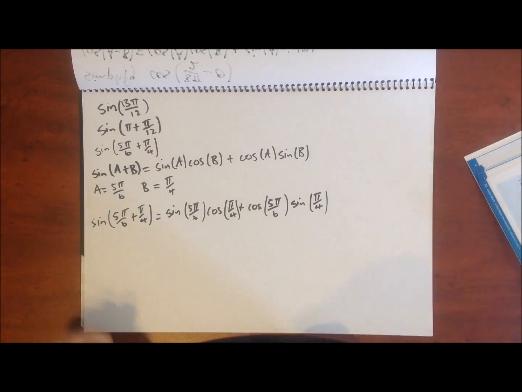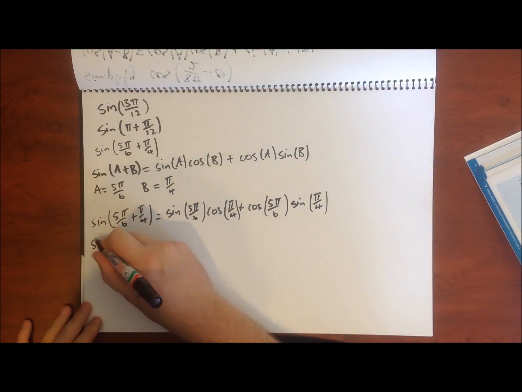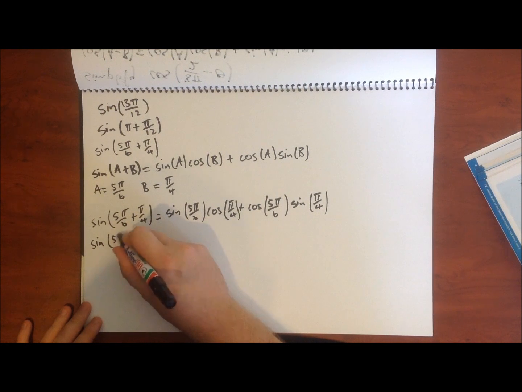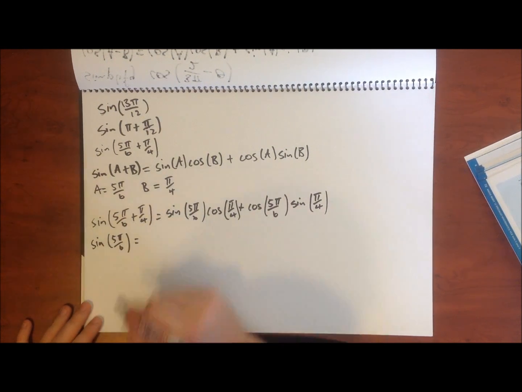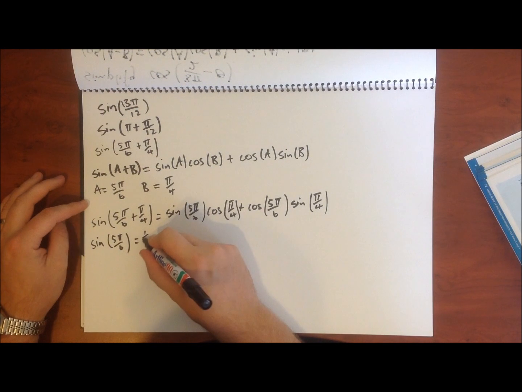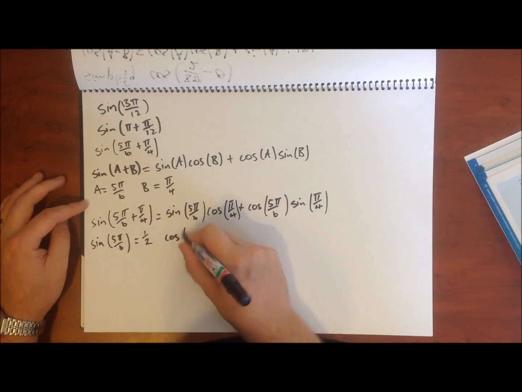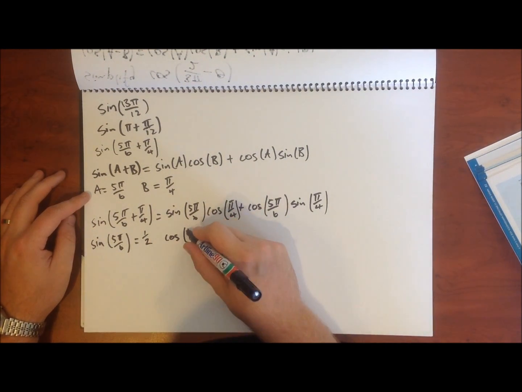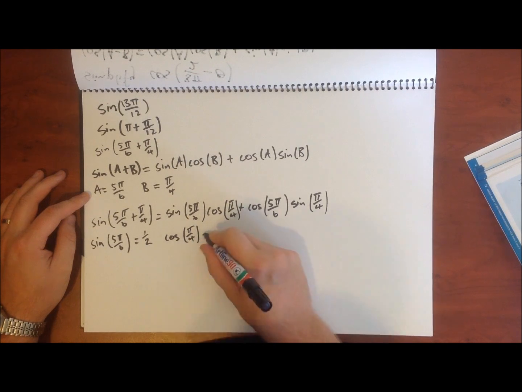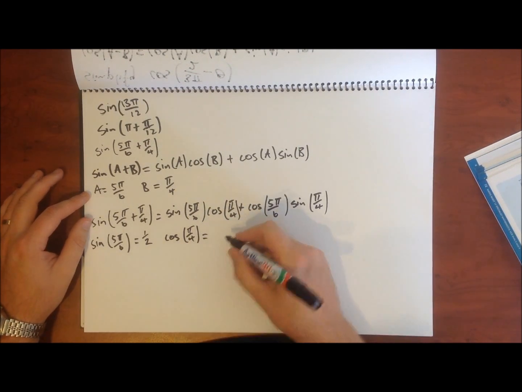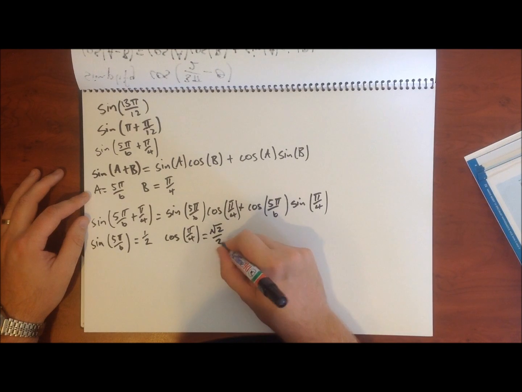Now sine of 5 pi on 6 is equal to a half, and cos of pi on 4 is equal to root 2 on 2.